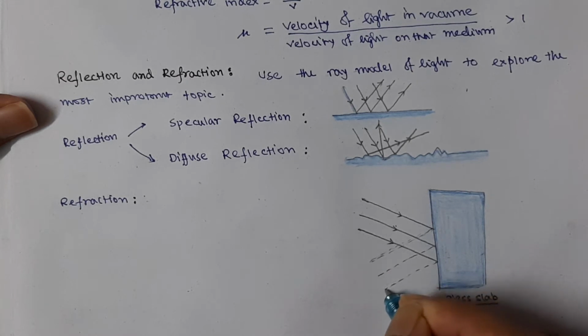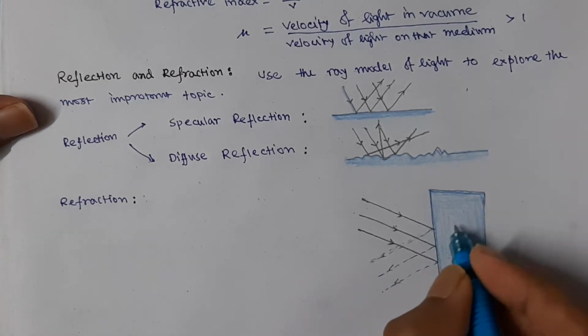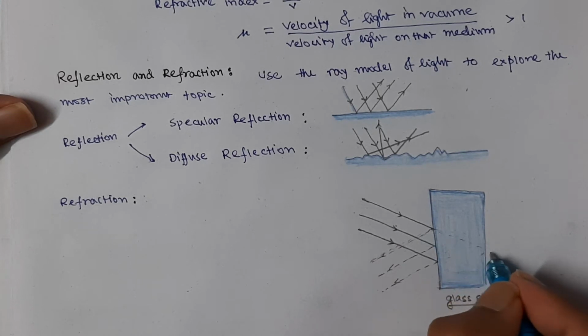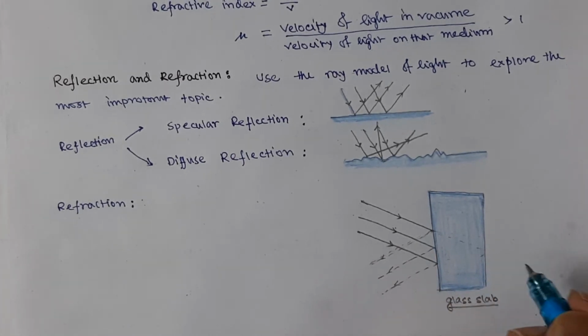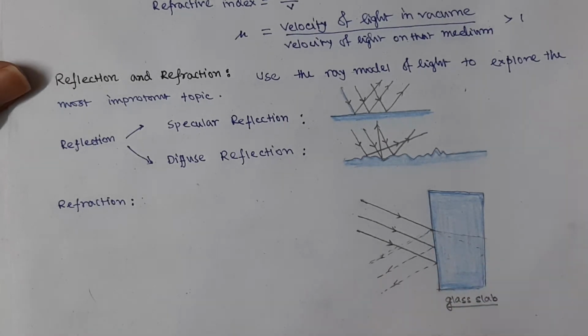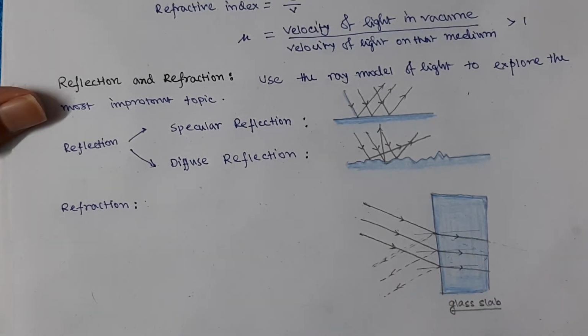Some part will be reflected and some part will go through the slab, but not in the same direction in which it came.